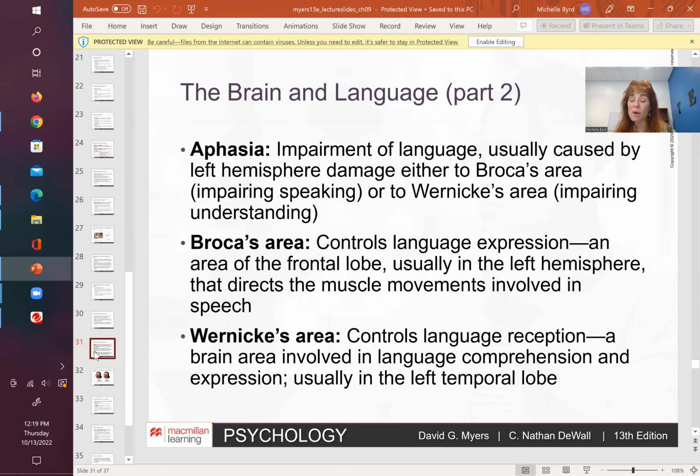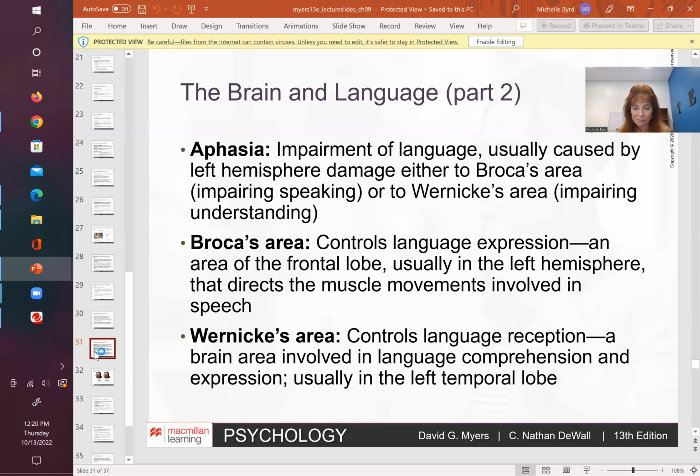An impairment of language, usually caused by left hemisphere damage, is aphasia. It is either damage to Broca's area, which impairs speech, or Wernicke's area, which impairs understanding. Broca's area controls language expression in an area of the frontal lobe, usually in the left hemisphere, that directs the muscle movement involved in speech.